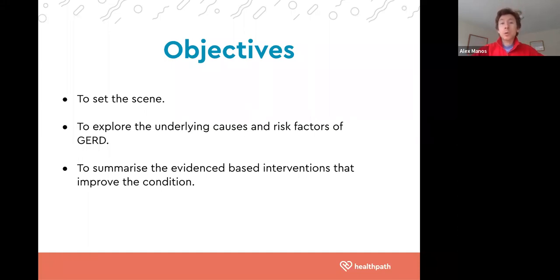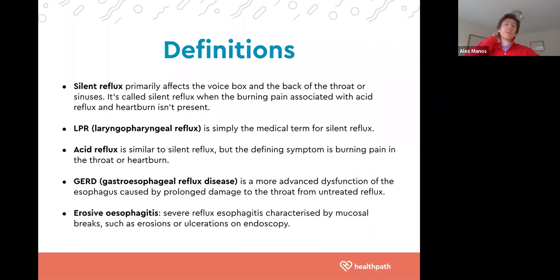We'll explore some of the underlying causes and risk factors to help us understand what functional tests we might want to consider to get to the underlying imbalances that are leading to this symptom or condition. And we will summarize at the end the evidence-based interventions that have been shown to improve the condition.